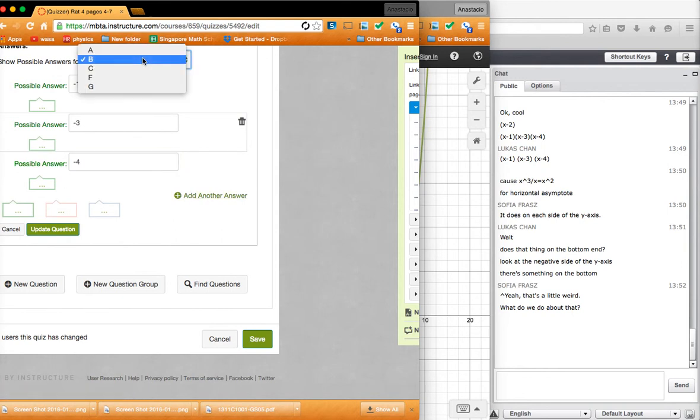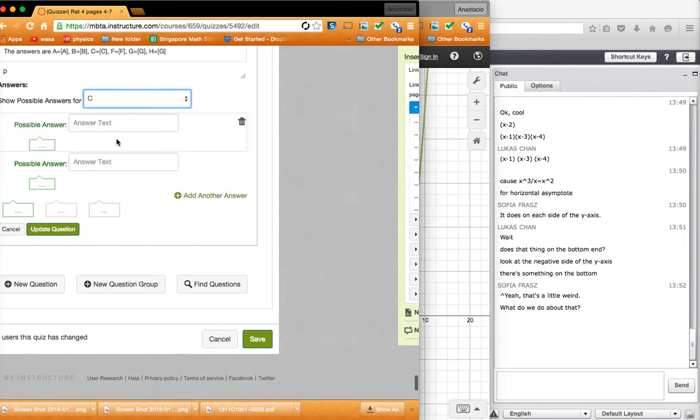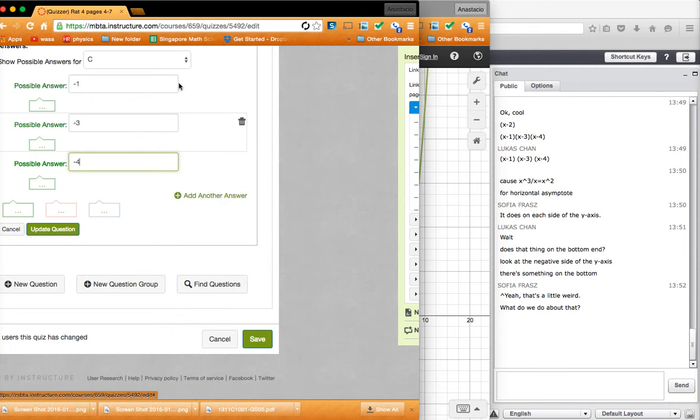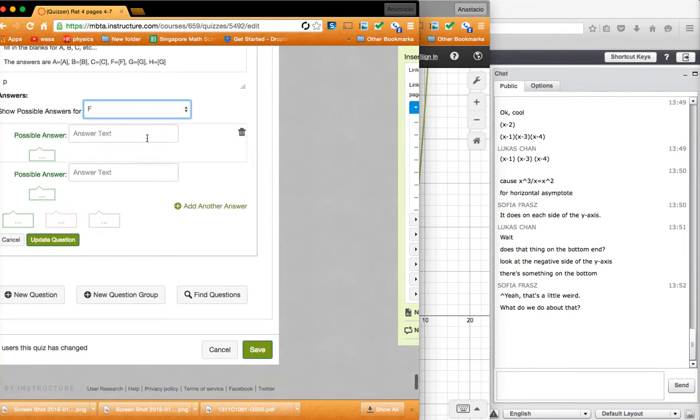And for C, they can plug in either -1, -3, and -4. And for F, they can plug in either 0 or -2. For G, they can plug in 0 or -2. And then for H, they can plug in 0 or -2.